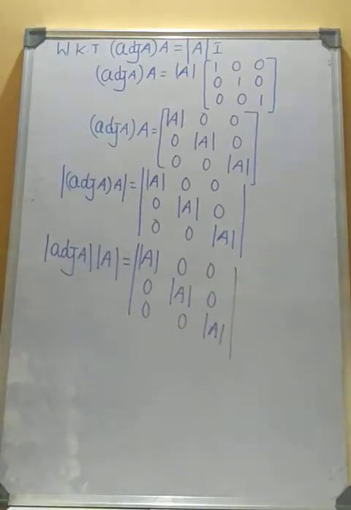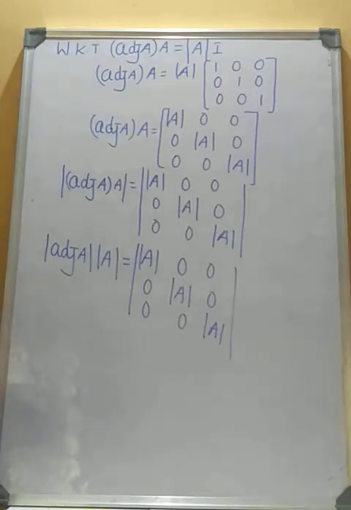Here, if A and B are non-singular matrices of the same order, then AB and BA are also non-singular matrices of the same order.